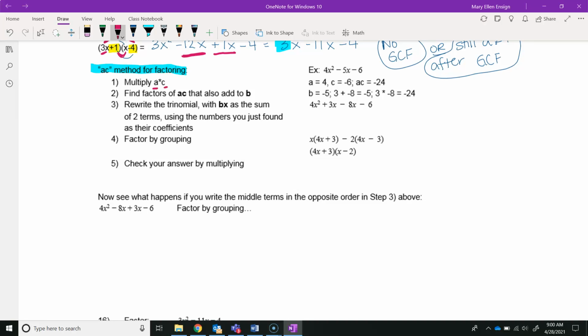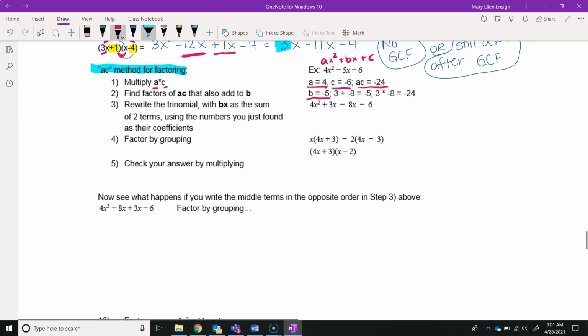Remember, it's ax squared plus bx plus c. So you might want to first write out what A, B, and C are. A is 4, B is -5, C is -6. So I multiply A times C, 4 times -6, and I get -24.